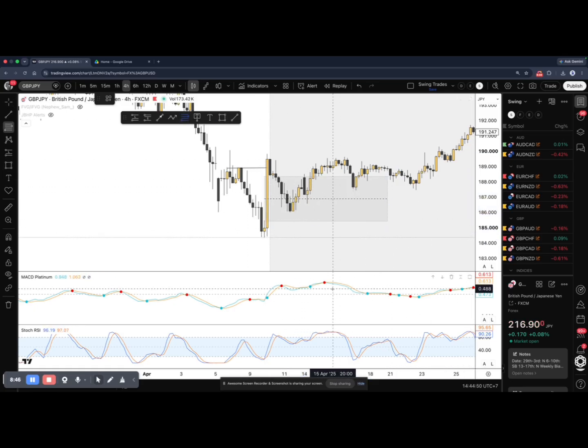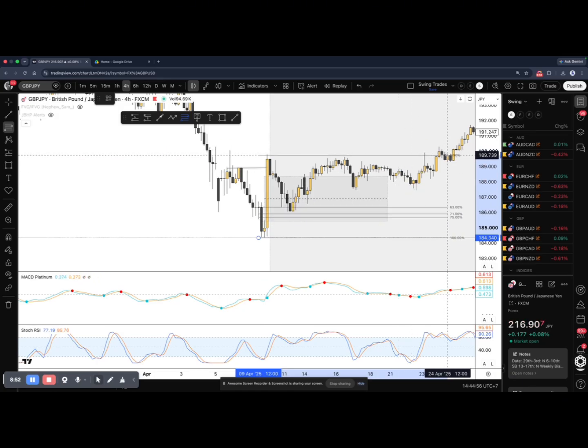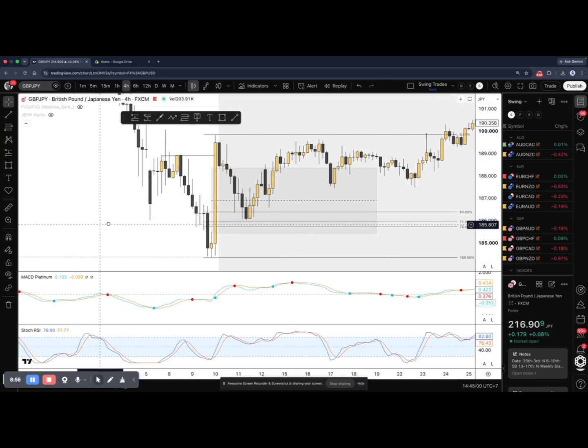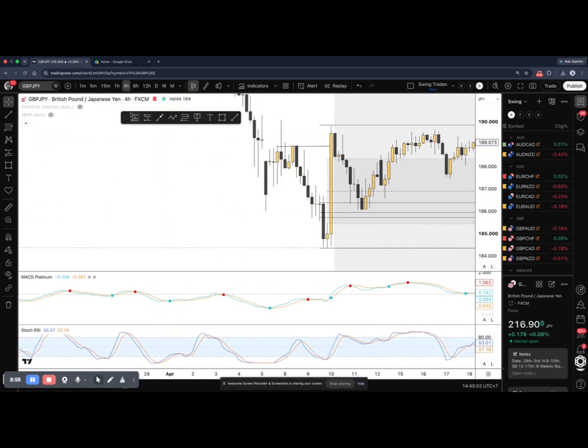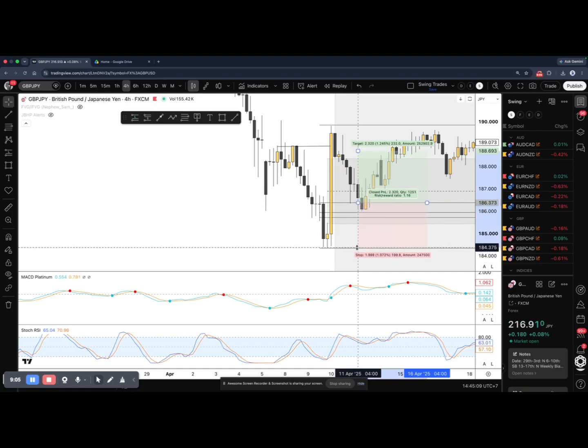We set our Fibonacci tool, anchor to the bottom of the swing low and to the top of the swing high. Now we can zoom in a little bit more. We would then set our buy at the 71%, target the bottom of this range.